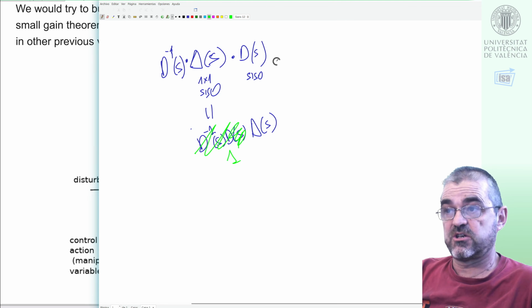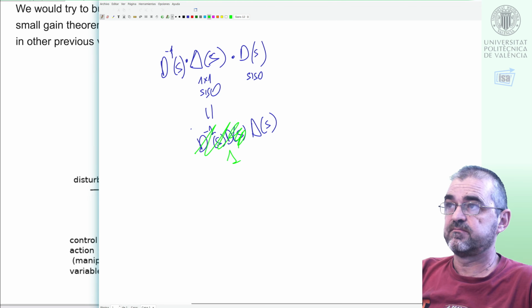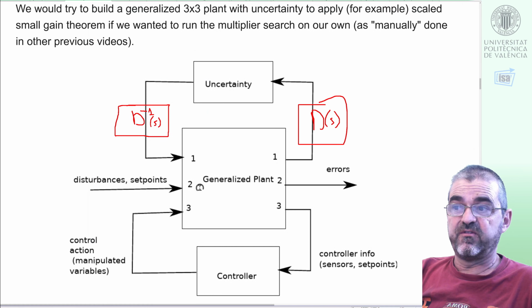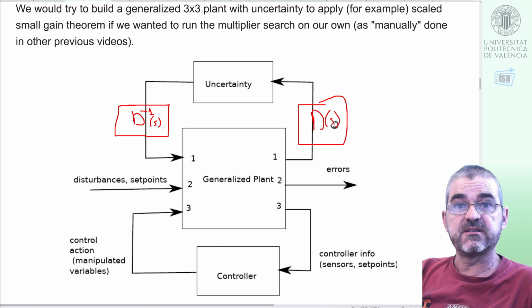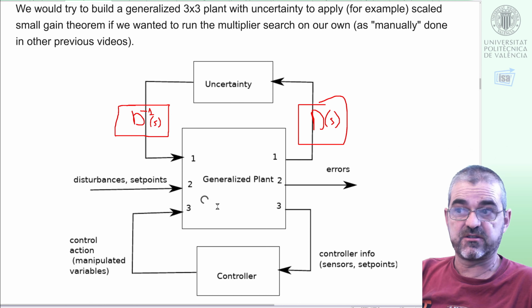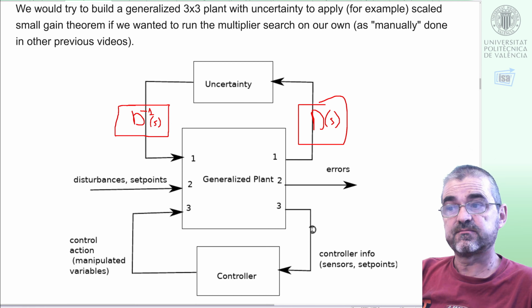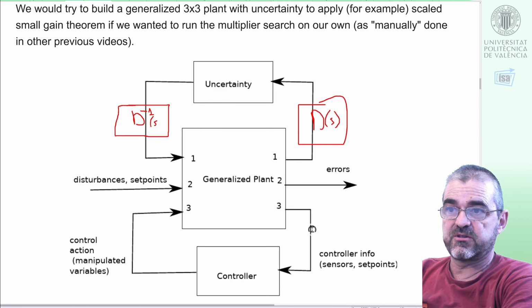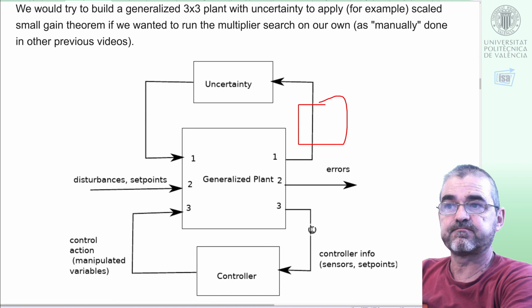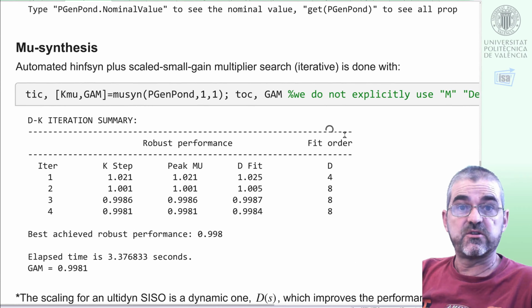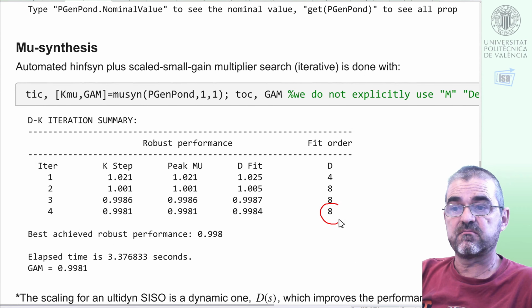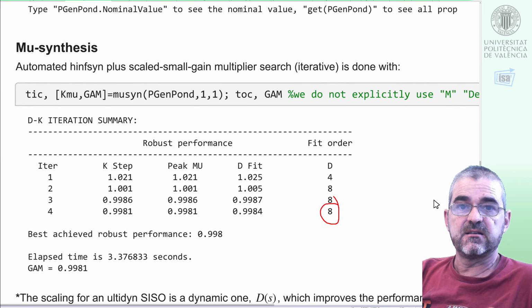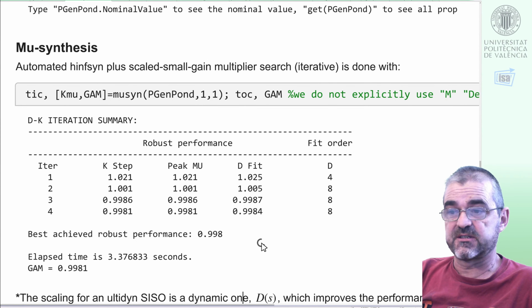So this justifies that, from the point of view of blocks 2 and 3, putting a transfer function D and its inverse here does not change anything. Well, D must be stable and minimum phase, but apart from those details, this means that we can use a dynamic multiplier, and internally it fits an 8th order scaling to prove robust performance.